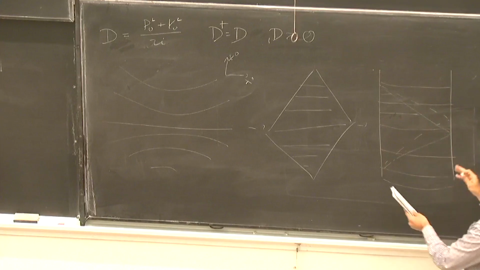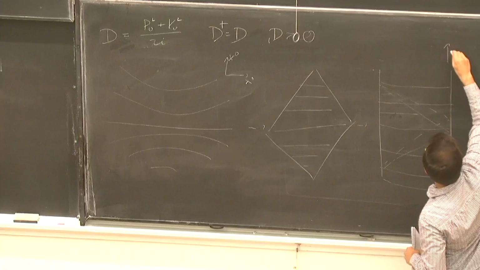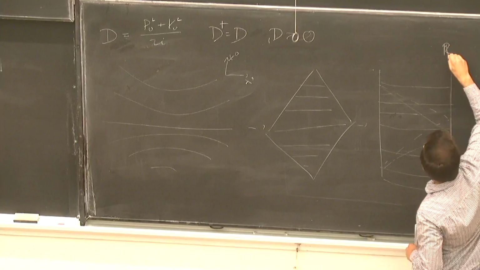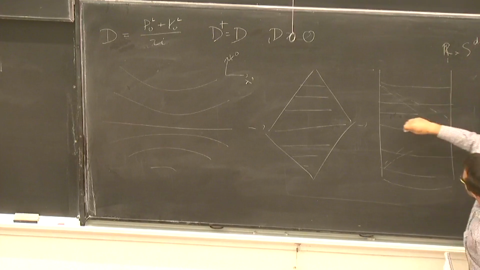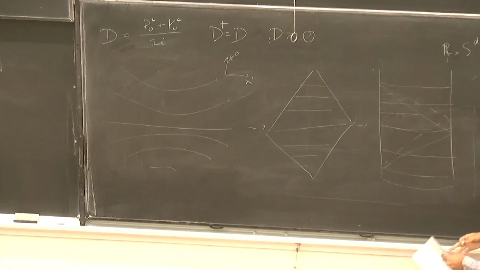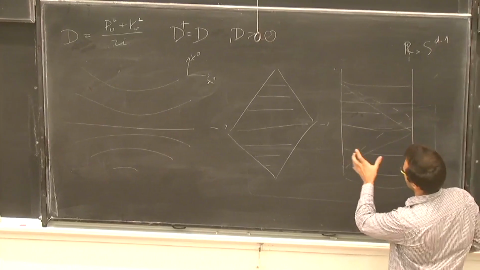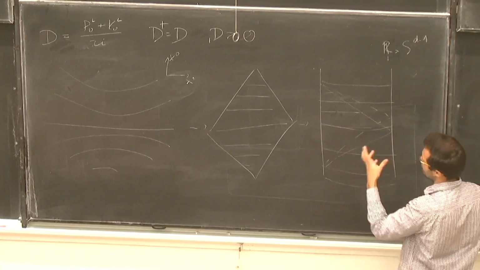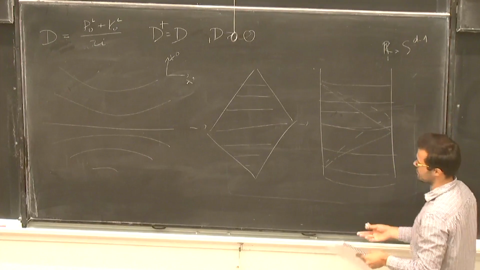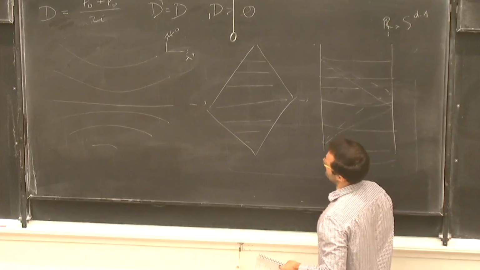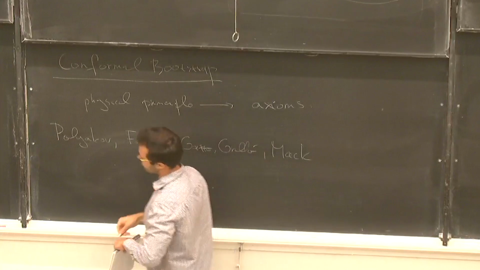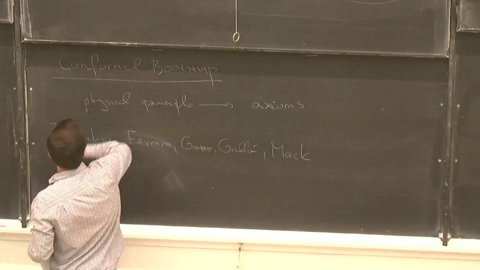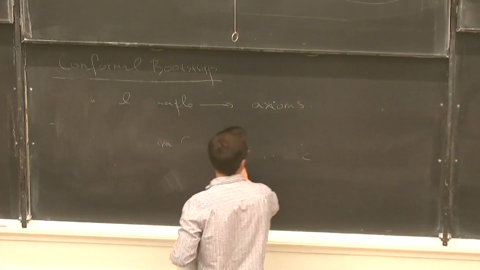Now, because the cylinder is just R times S^(d-1), and S^(d-1) is a compact space, typically the eigenvalues of D are going to be discrete. So that's one nice fact about this conformal Hamiltonian: as opposed to the mass squared, which has a continuous eigenvalue, this D is actually a discrete one.